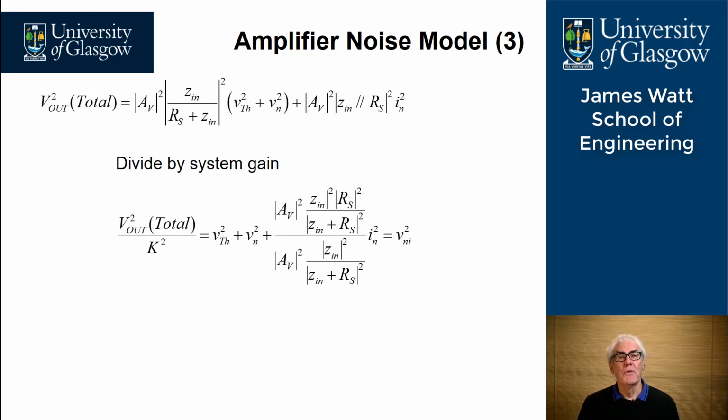Working through the equations and dividing by system gain, we end up with an equation where the total input noise is equal to the square of the Thevenin noise from the source, plus the square of the voltage noise from the amplifier, plus the current noise multiplied by the source resistance.